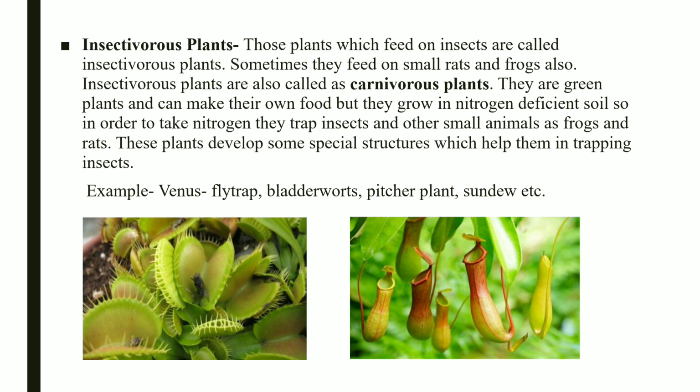When the insect enters the pitcher, there are some slippery substances present inside the mouth of the pitcher. So the insect falls in the pitcher and the lid closes. Now the trapped insect gets entangled in the hairs and cannot come out. After some time, the insect dies in the pitcher, and the walls of the pitcher secrete some digestive enzymes which digest the protein present in the insect to take nitrogenous compounds.